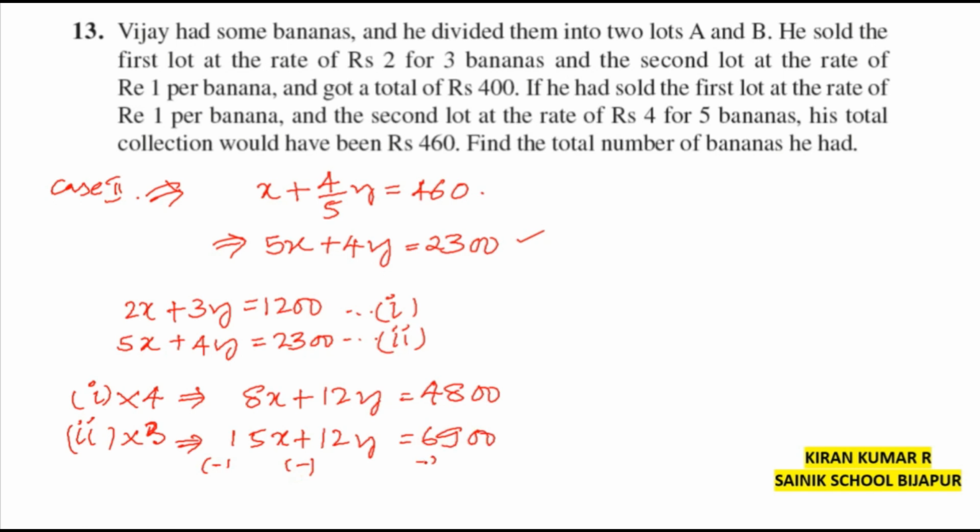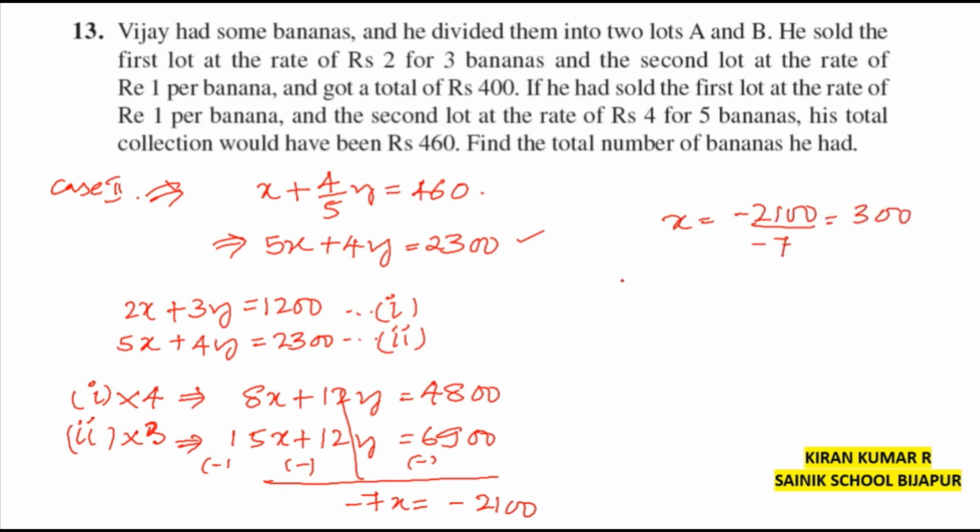Subtract, and the y term is cancelled and you get negative 7x equal to negative 2100. So the value of x is minus 2100 upon minus 7. This becomes 300.